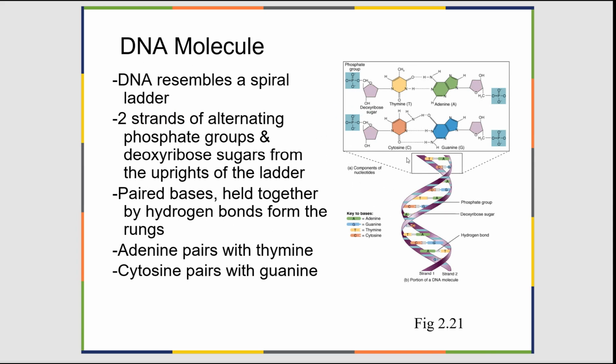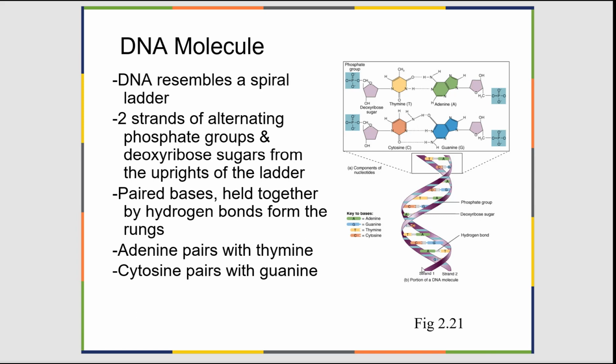Okay? So DNA is going to curl together to resemble a spiral ladder. We call this a double helix. So we have two strands of alternating phosphate groups and deoxyribose sugars going upright on the ladder.